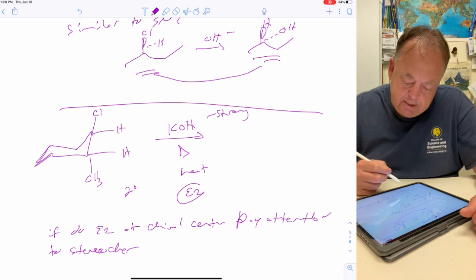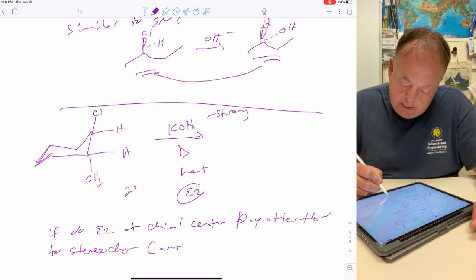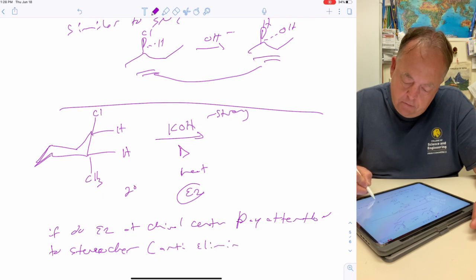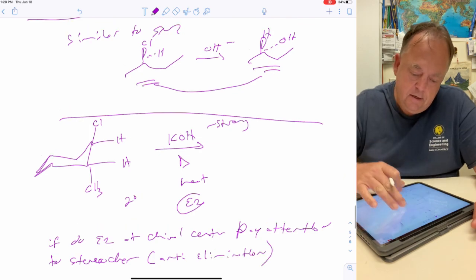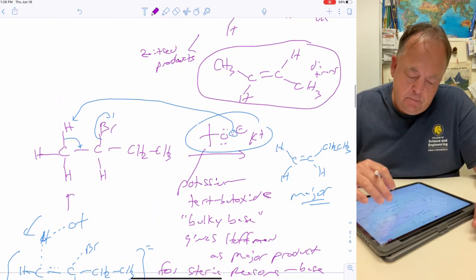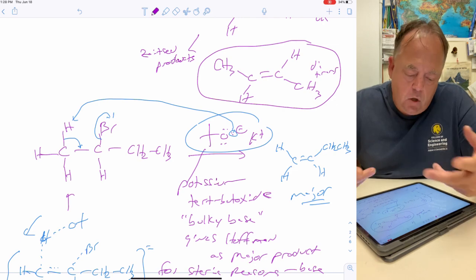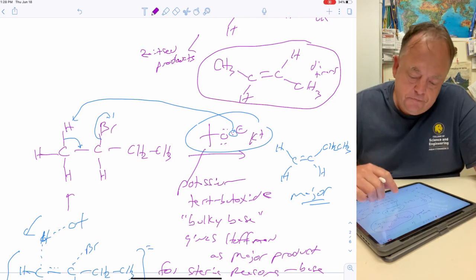Anytime you do an E2 reaction at a chiral center, you need to pay attention to stereochemistry, meaning anti-elimination. We didn't worry about that when we did these earlier examples because you don't have stereochemistry shown to you, so you don't know where everything is in 3 dimensions.